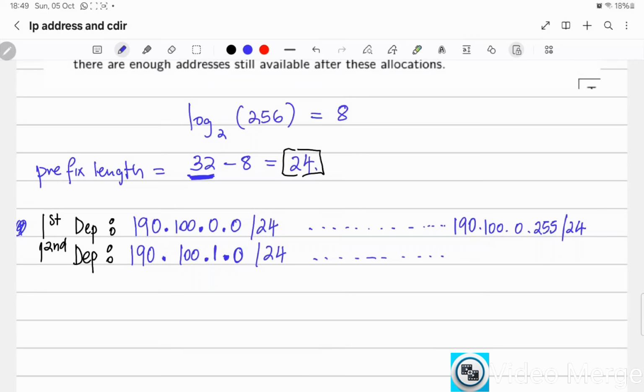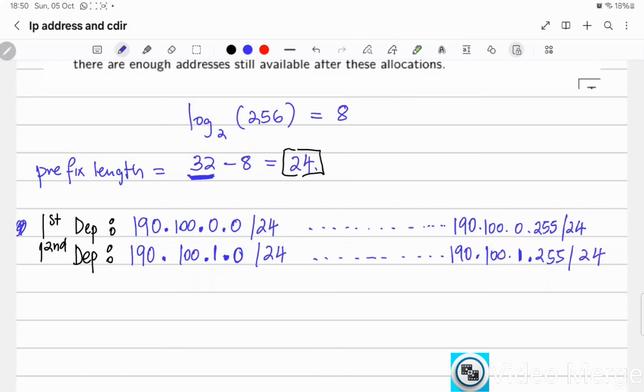Each department needs 256 addresses, so it's going to be 190.100.1.255, because from 0 to 255, that's 256 addresses. So we're using the maximum.